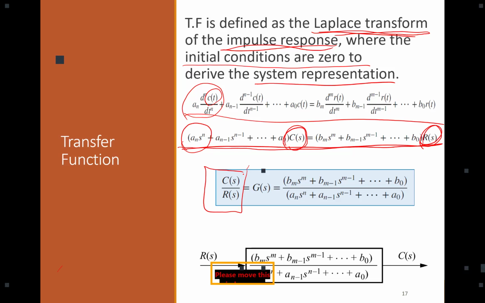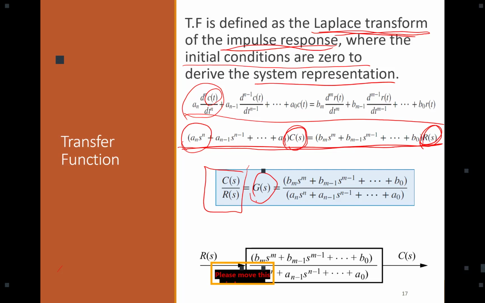This is the agreed upon setting for showing the transfer function. Normally it is shown by G(s), or if you have two transfer functions, the next one is going to be H(s). Now, when we define the G(s), it basically means that we can represent any type of system that we have as a block diagram.